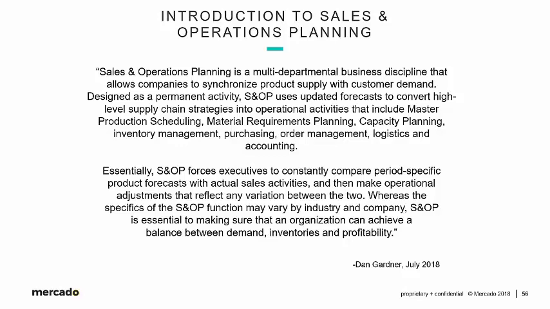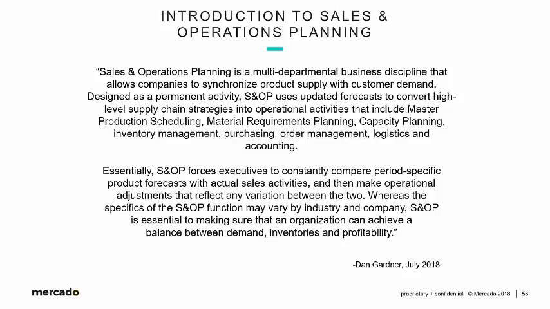Whether we outsource production for finished goods or we are a manufacturer ourselves that brings in raw materials for production, we have to engage in sales and operations planning. Why? Because essentially, sales and operations planning forces executives to constantly compare period-specific product forecasts with actual sales activities. That better sound familiar.